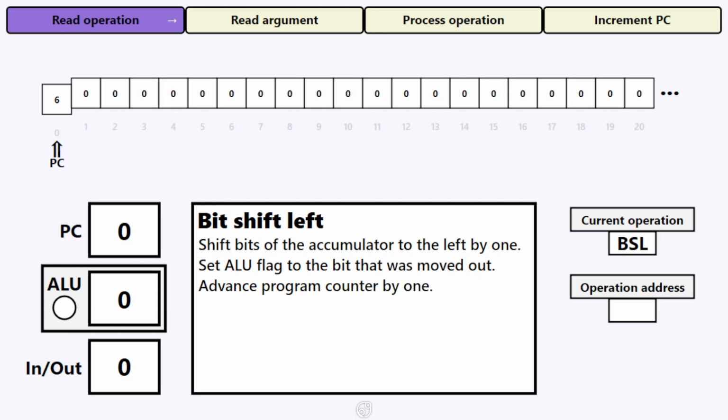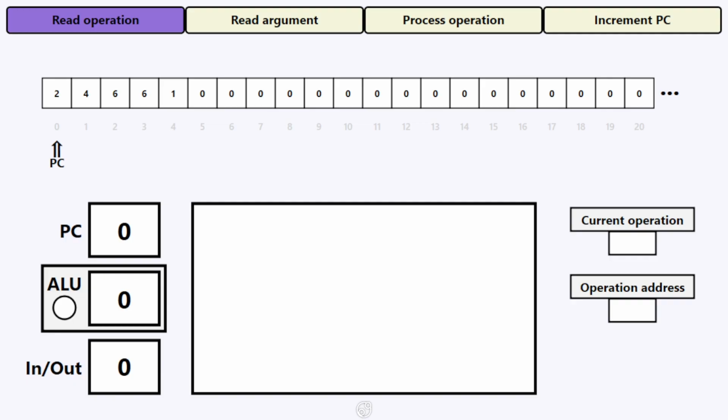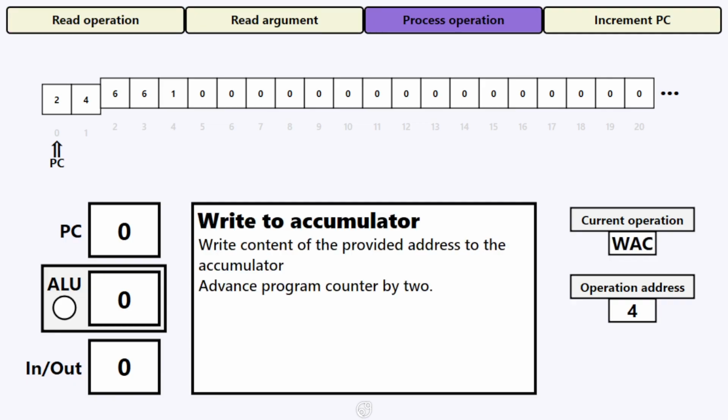Let's see. Write accumulator, just another value. Let's load that program. Okay, we write a value to accumulator.